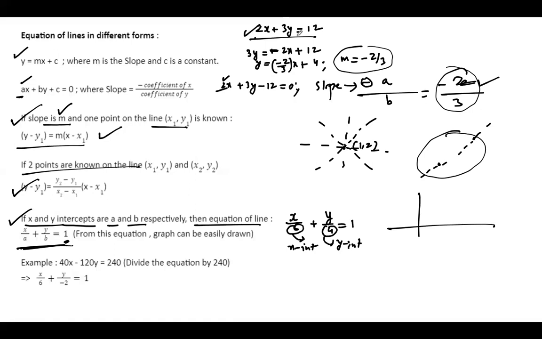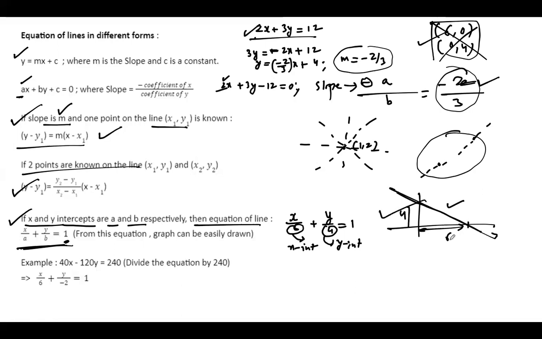Earlier, what we used to do, let's say 2x plus 3y is equal to 12. I'll say first y is 0, then x is 6, then I'll say x is 0, then y is 4. Once I know these 2 points, I'll say 6, 0 is here, 0, 4 is here, then the line will be this. So rather than finding these, if you are able to convert the equation of the line into this form, you already know x-intercept is 6, y-intercept is 4.